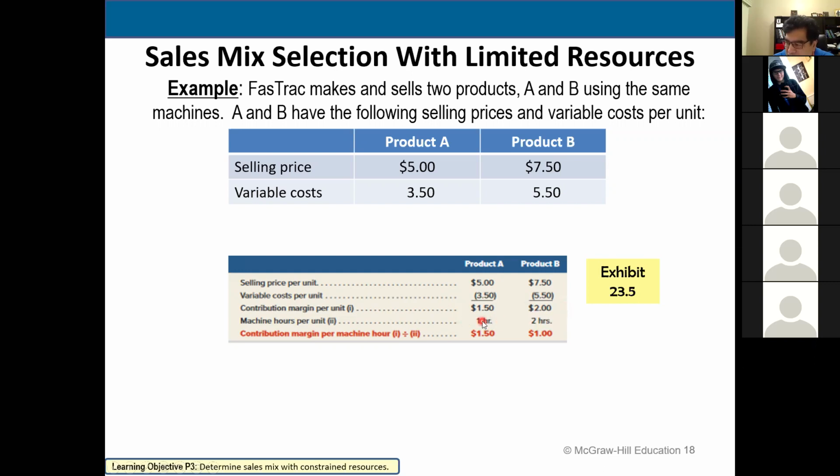So if you maximize the contribution margin per machine hour, that means if you produce product A, you'll be producing a contribution margin of $1.50 per hour, 1.50 divided by 1, and you'll be producing a $1 contribution margin per hour if you produce product B, 2 divided by 2, right? Is everyone good over here? So in this case, product A gives you a better contribution margin per unit of constrained resource. So you will first meet the demand of product A. Whatever machine hours are left, then you will produce product B.